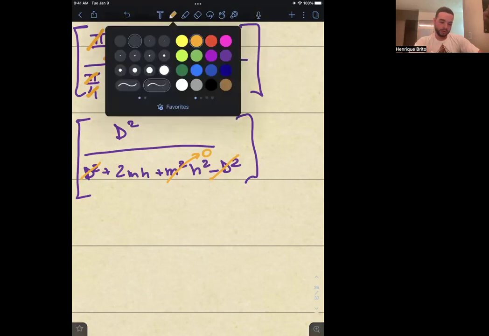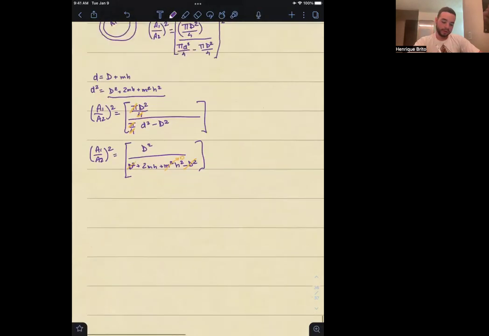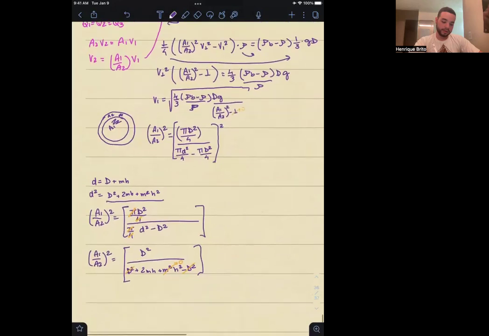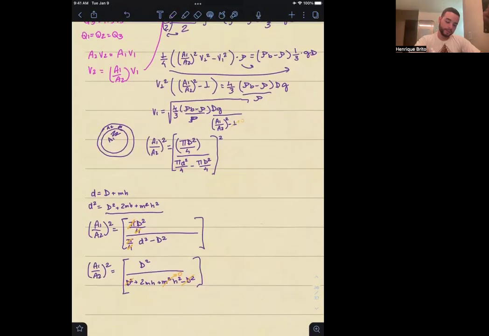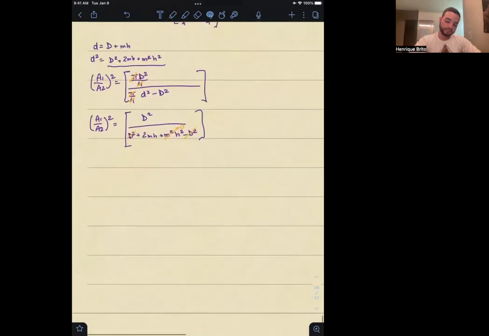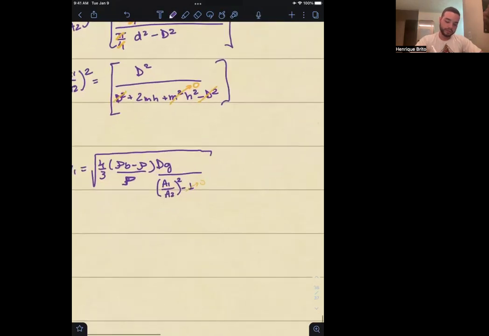So following that logic, if we are to throw this into the expression we had there, let's delete all of this and put it here.